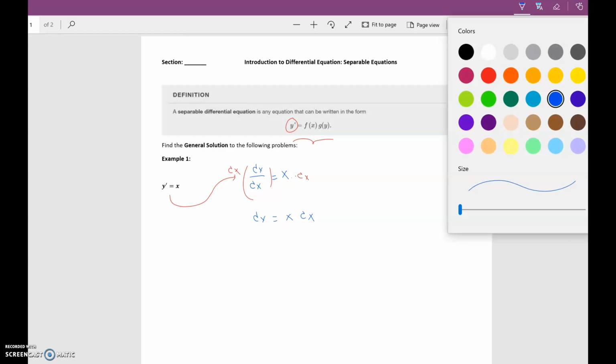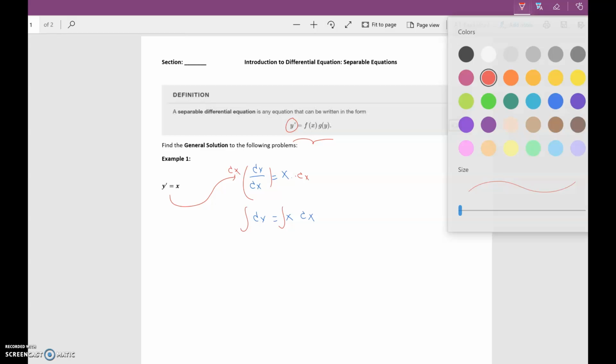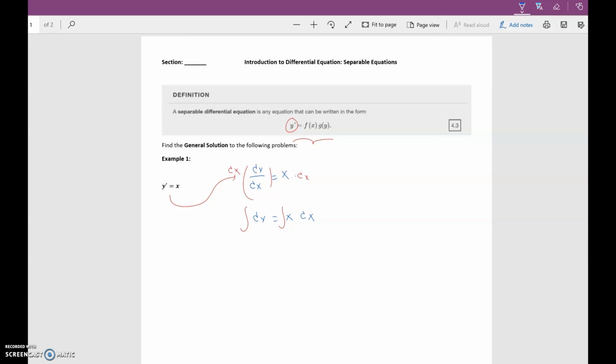And then at this point, once we've verified that you can separate the x's on one side and the y's on the other side, you can integrate both sides. So what we're going to have on this particular problem is that y is equal to x squared over 2 plus c.